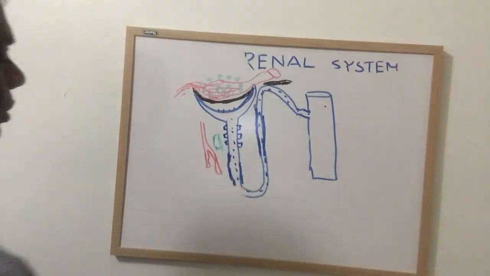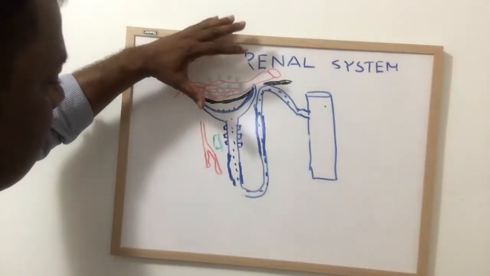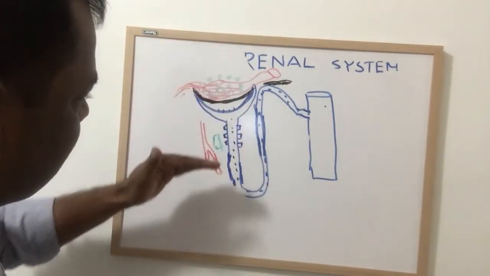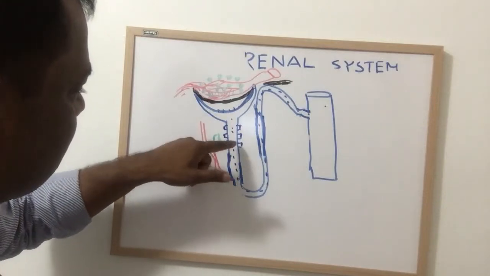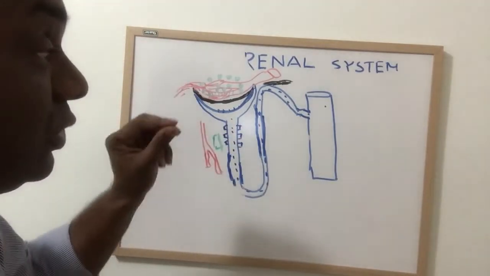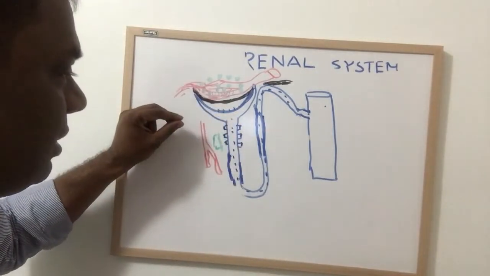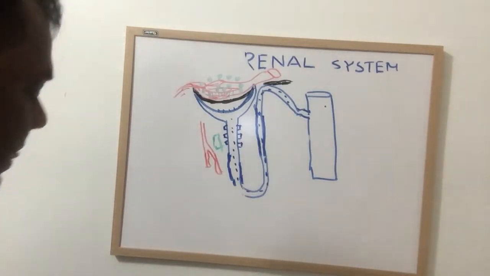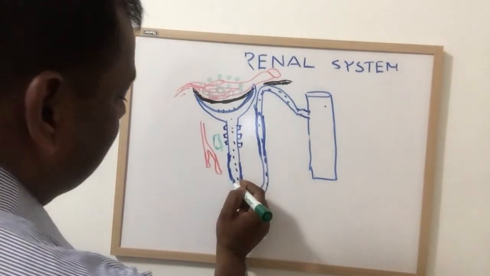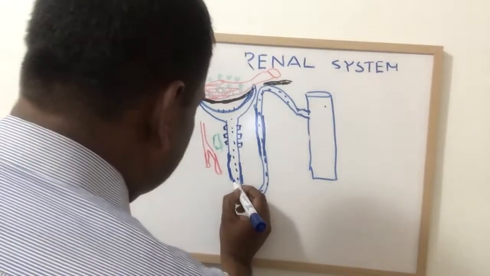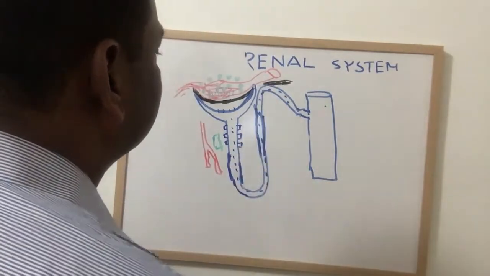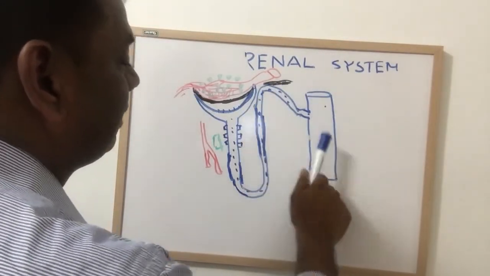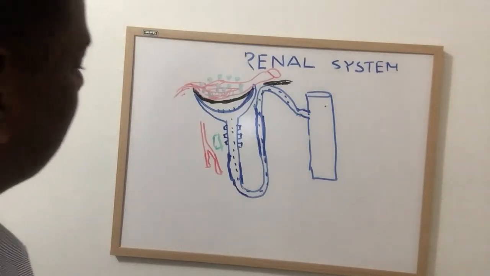So once the blood is filtered, it comes here, they start to reabsorb those useful components back to the blood by this interstitium to the capillaries, and they come here, another reabsorption here, and another part takes place here, then the pure urine comes here.